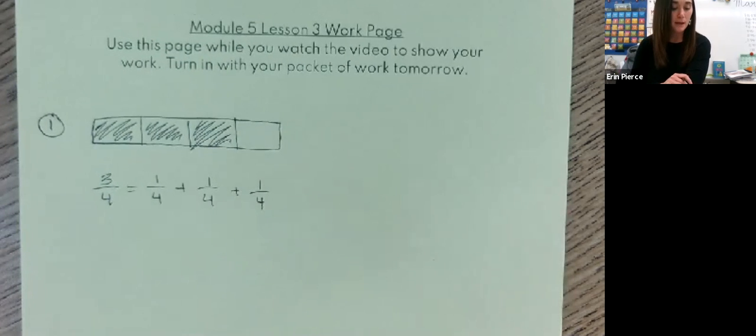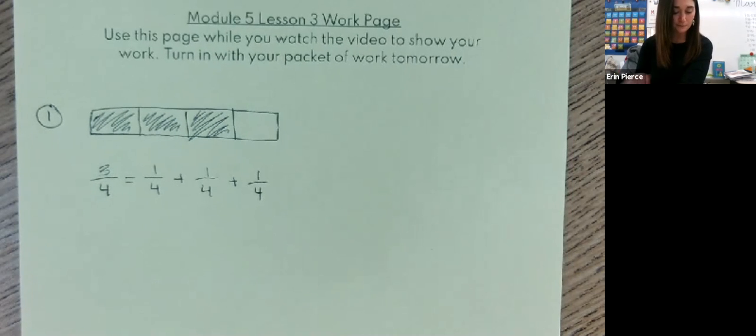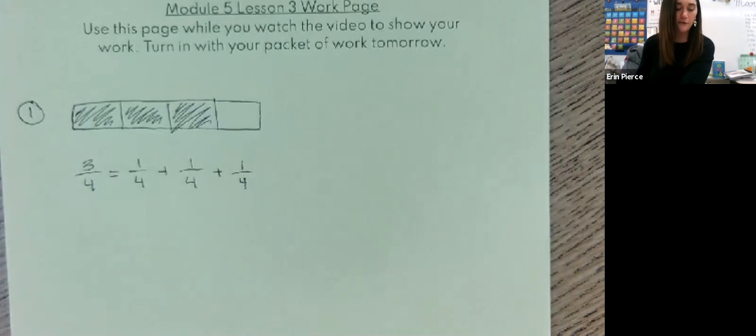So again, say 3/4 decompose as a sum of unit fractions. 3/4 equals 1/4 plus 1/4 plus 1/4. How many fourths are there in 3/4? Did you say 3? We know this because we counted 1/4 3 times.